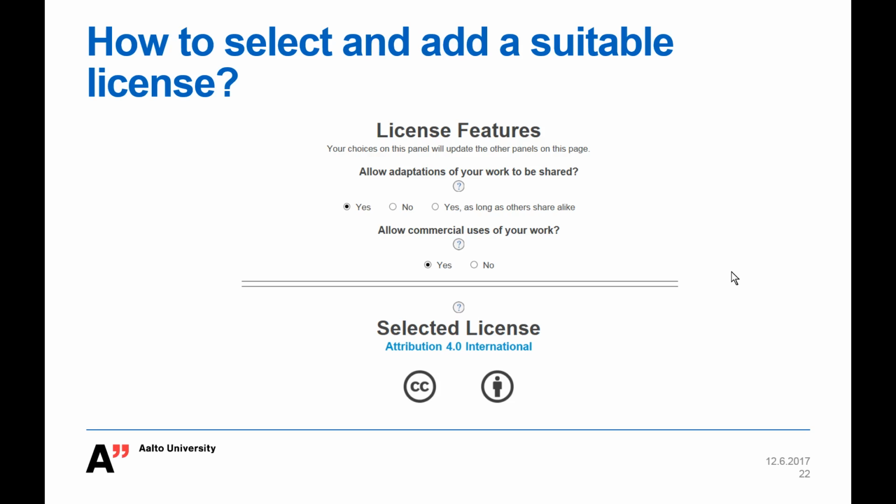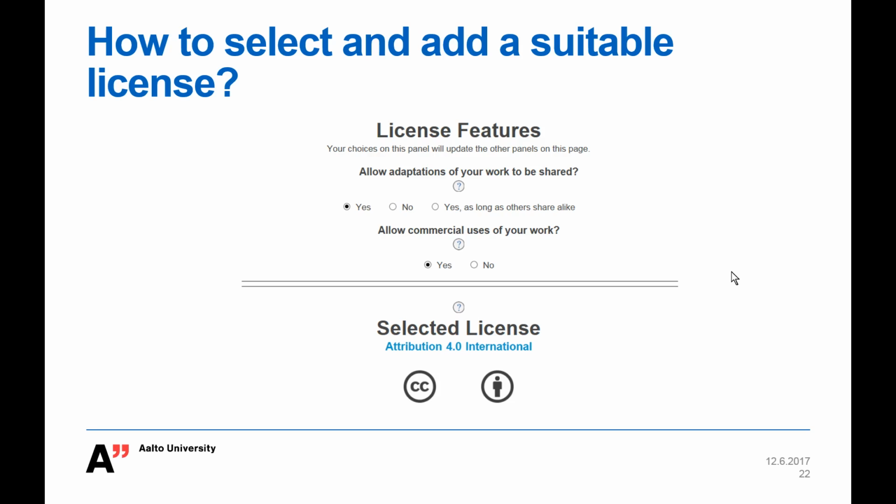And if you want that everybody will share with the same terms, you can also choose the share-alike additional term. So different license features can be chosen to restrict the use, but according to the open science philosophy, restrictions often take away from the optimal reuse of research data.